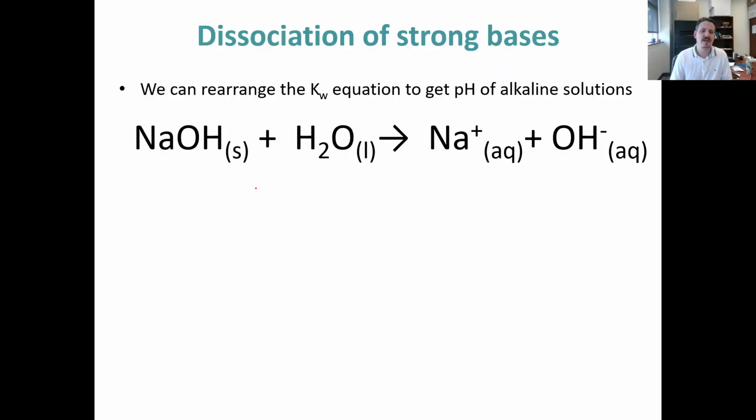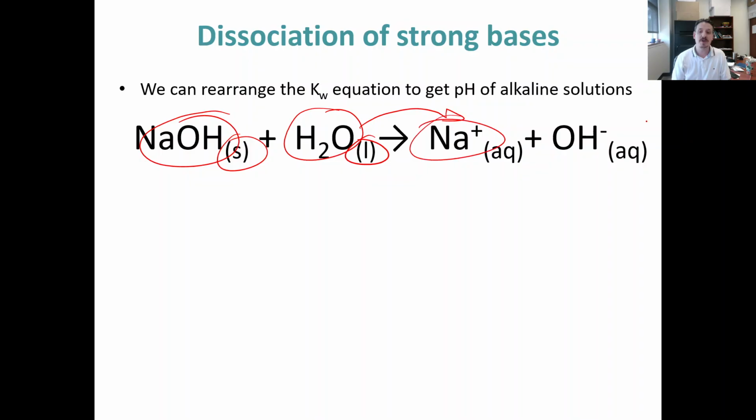So let's take a look at this here. We get some sodium hydroxide, solid, those little pellets. We dissolve them in some liquid water. It's going to dissociate completely because it's a salt, a strong base, dissociating completely into the sodium ions and the hydroxide ions floating around in the water.